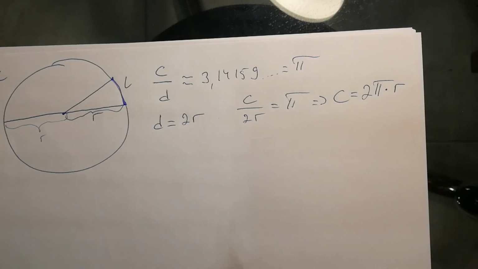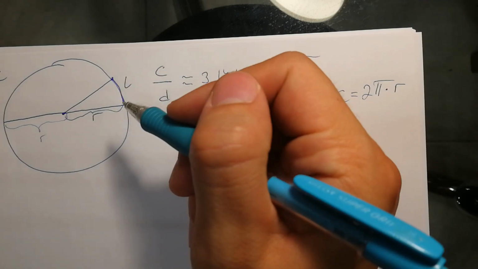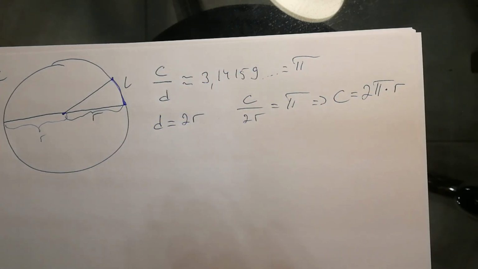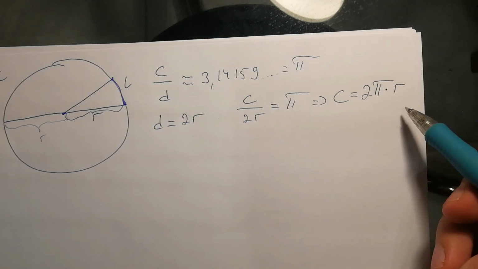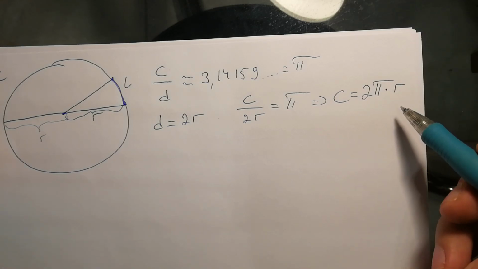If you want to calculate the length of the part of a circle, an arc, let's say equal to 1 degree, for simplicity, then we should divide our expression by 360 degrees.